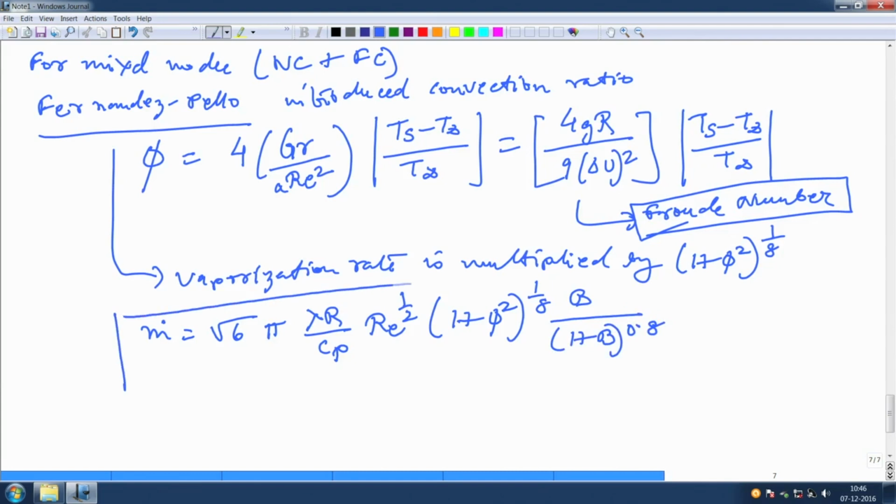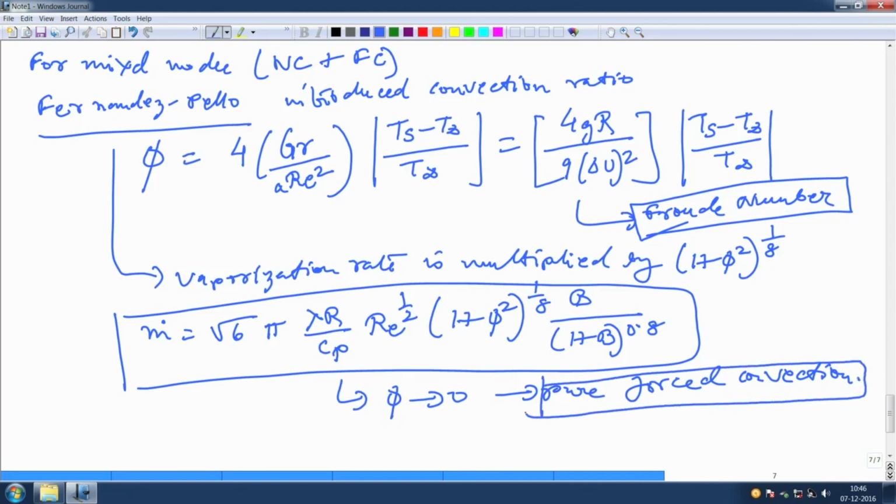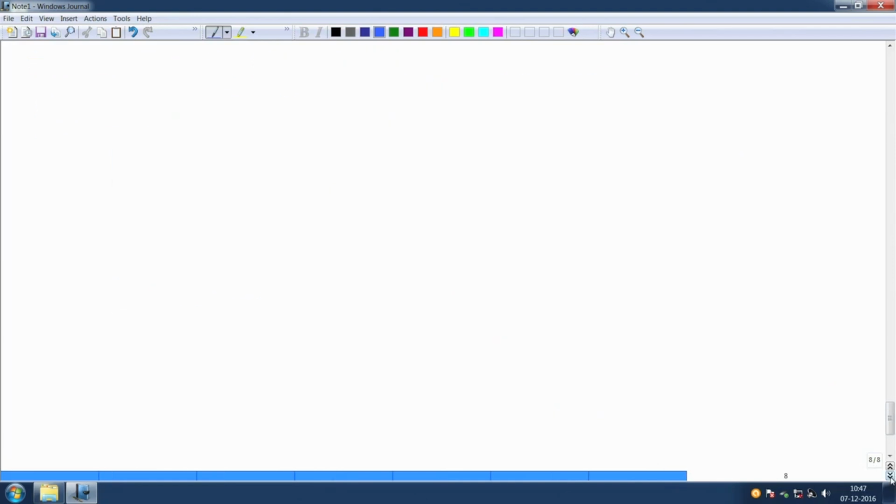So, this is the expression that he found for the vaporization rate. Okay. So, the vaporization rate is given by m dot into all these kinds of quantities, right. So, as your phi goes to 0, that means this goes to 0, you actually approach pure forced convection. Got it? Pure forced convection, you go down to pure forced convection. Okay. So, that is what Fernandez-Pello actually found out.